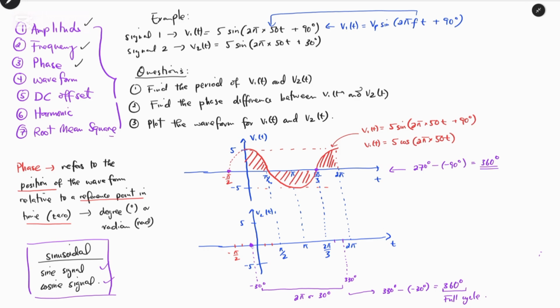If we begin at this point, we know this is 30, 60, and 90. So in this region we have the peak of our signal, and then another 90.